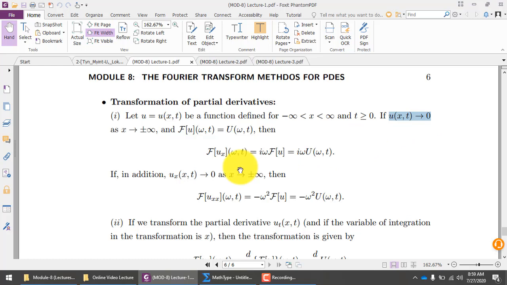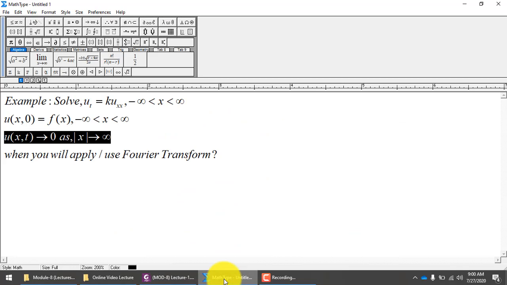So this is the given condition. Fourier transform of the derivative also exists, and going forward, if a function approaches to 0, its derivative also approaches to 0, we conclude that Fourier transform of double derivative also exists, and we have the formula. So these two formulas are proved actually from the fact that your function approaches to 0 as x mod tends to infinity. Number 2 is that this is also the sufficient condition for a function to have Fourier transform.